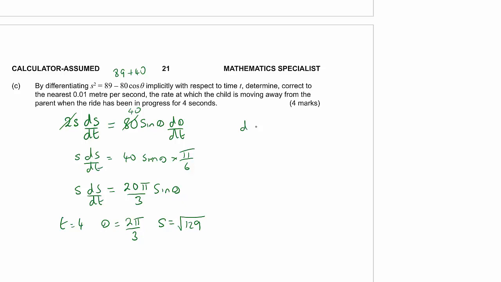So ds dt is going to be 20 pi by 3 sine 2 pi by 3 divided by the square root of 129. So we just need to calculate that.